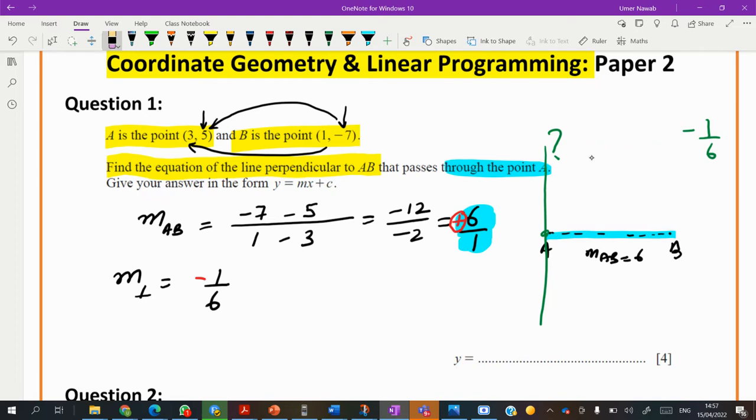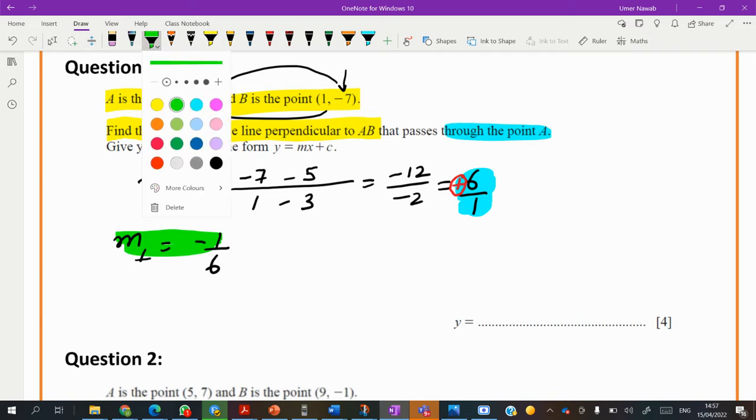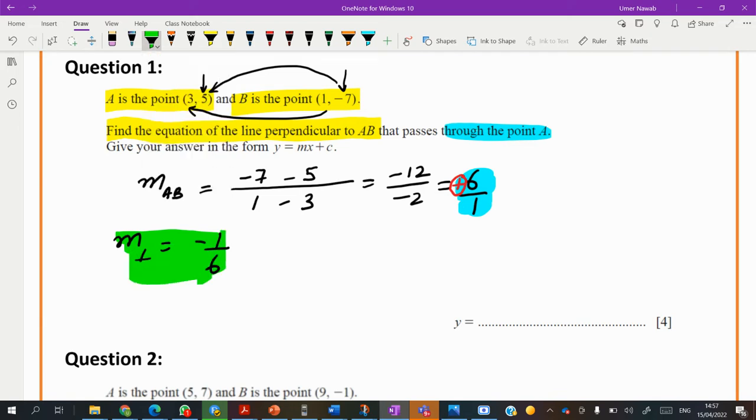In order to find the equation of a line, boys, you need two things. Number one is the gradient. Do we have the gradient? The answer is yes, we have the gradient of the line. And he said that it is passing through point A. So the coordinates of A are given to me, 3 and 5.